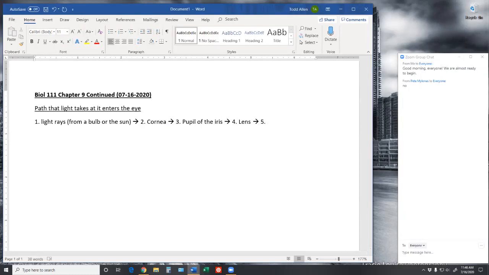Number 5, the lens, of course, is going to help focus the light onto the proper location at the back of the eye, which is the retina. Most precisely, it's going to hit the centralized pit that we defined last time called the fovea. So the light is going to hit the retina.